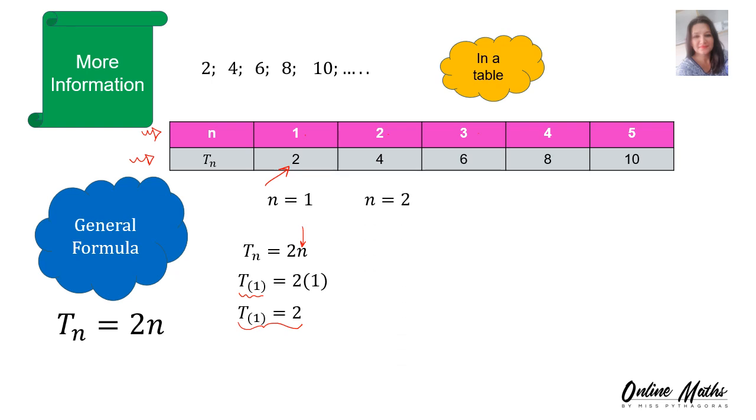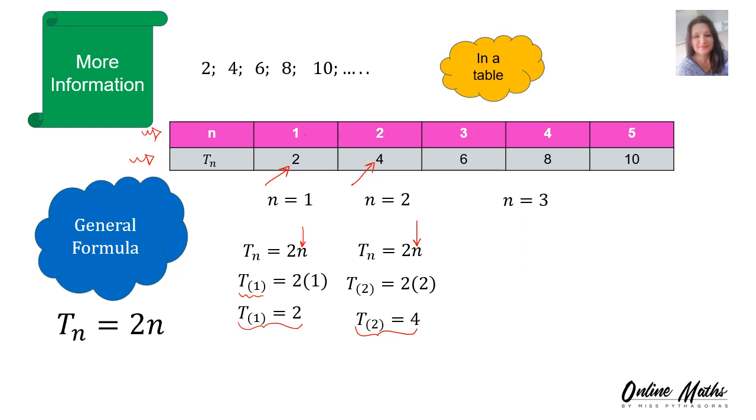Into the general formula, when we substitute n is equal to 2, so Tn is equal to 2n, the general formula for this sequence, in n's place, when you substitute 2, you find T2 is equal to 4. So that means the second term's value is 4, and it is. Let's test the general formula for the third term.